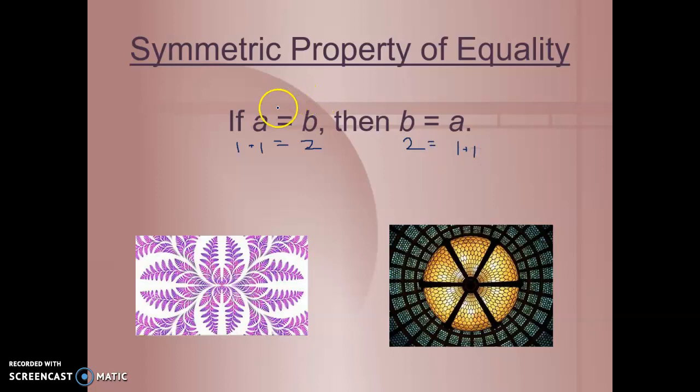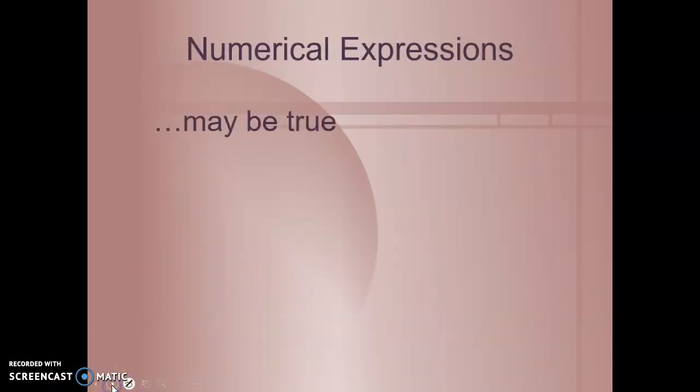When we see this equal sign, we can also use the words is, or we can say is the same as. Sometimes students don't do so well with the word equals, and they would rather say is the same as. 1 plus 1 is the same as 2, or 2 is the same as 1 plus 1. You use whichever you like. You'll hear me use all three in class.